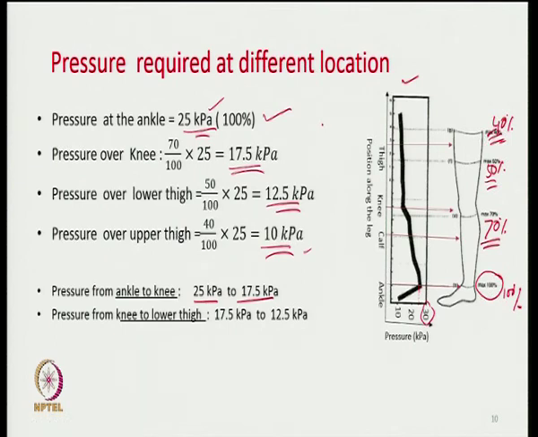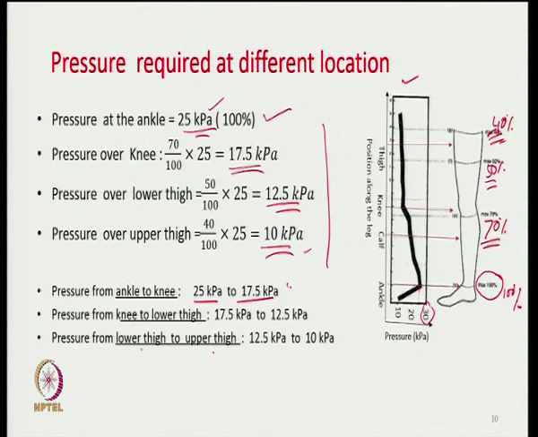So, these requirement values are based on this graph. So, if I divide the leg into regions ankle to knee, knee to lower thigh to upper thigh, then in different regions the pressure requirements are stated.